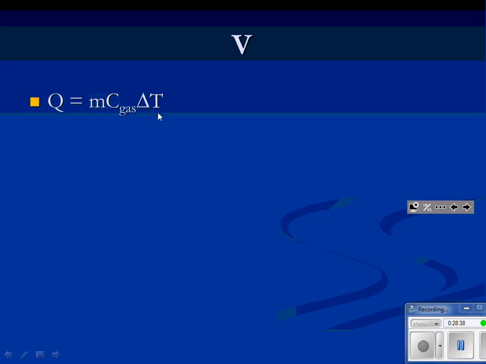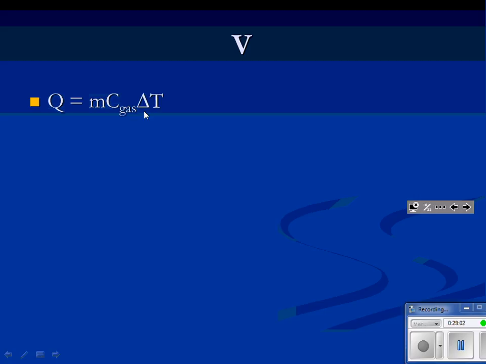And my delta T. Well, let's remember, where am I starting off at? Now I'm starting off at the boiling point. So that boiling point is 100 degrees Celsius. Where did I go to? Well, my final temperature was 125 degrees Celsius. So I'm going to take my final temperature, 125, minus my initial 100.